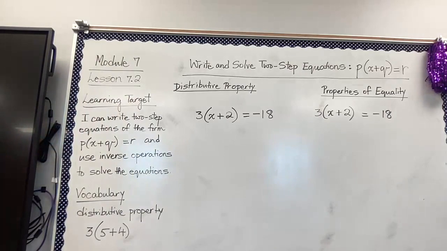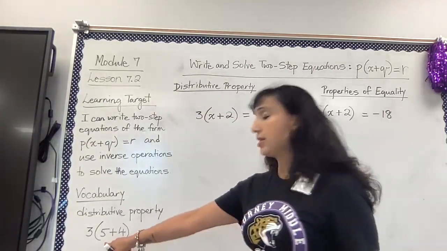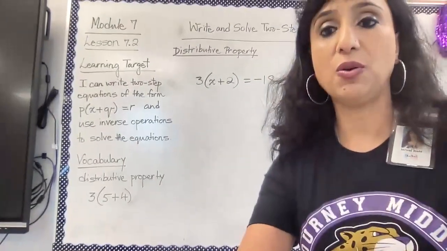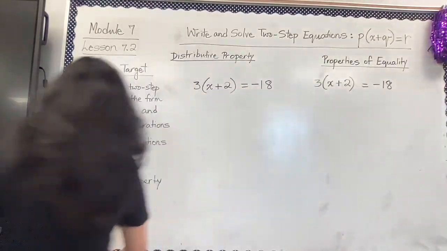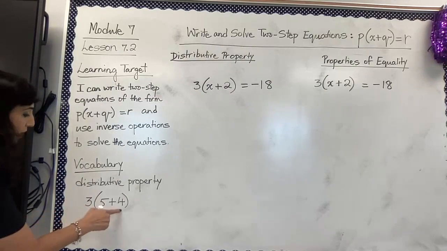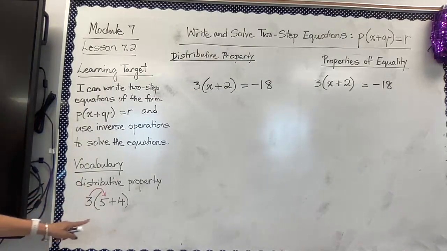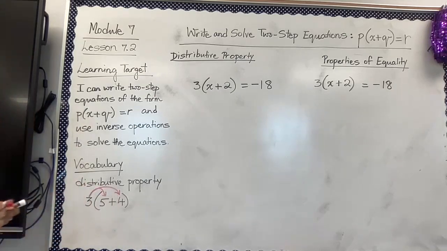So, for example, if I have 3 and 5 plus 4 within parentheses, I would take this number which is outside the parentheses and multiply it with each term inside. So I would do 3 times 5 plus 3 times 4.